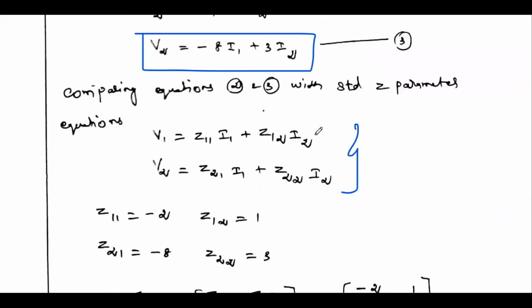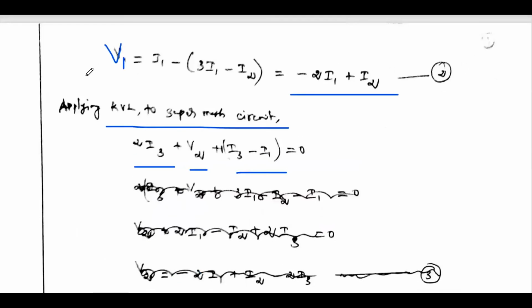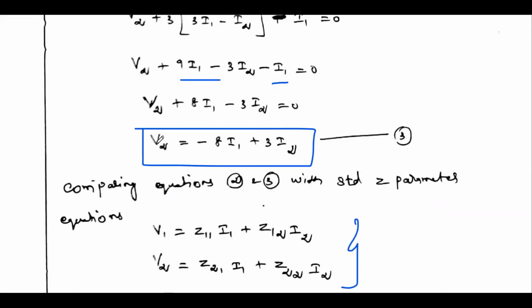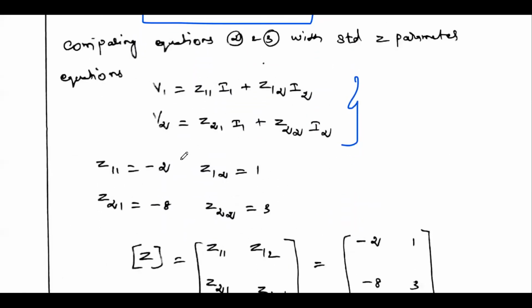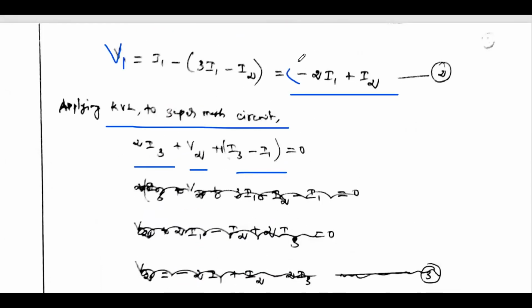So you just compare these two equations with our V1 equation and V2 equation. You see, V1 equals minus 2I1 plus I2, V2 equals minus 8I1 plus 3I2. So what is Z11? In the V1 equation, the coefficient of I1 is Z11. In the V1 equation, the coefficient of I2 is Z12.